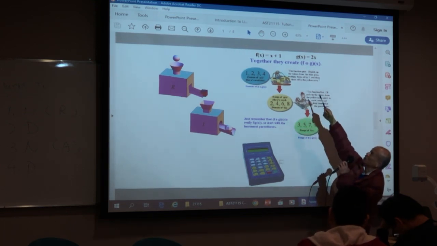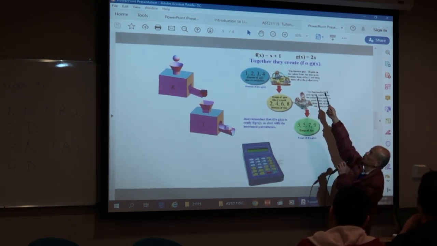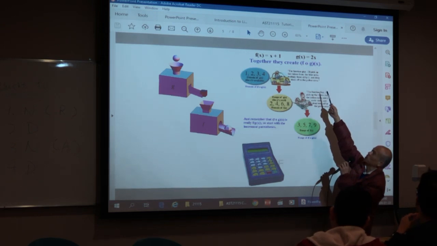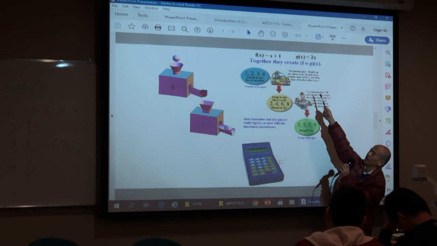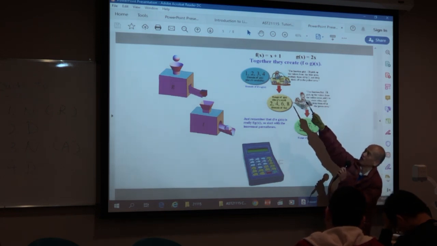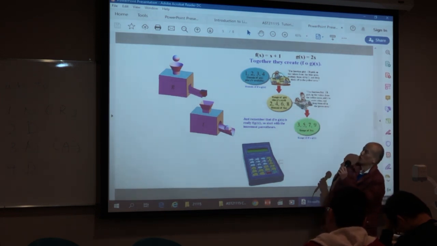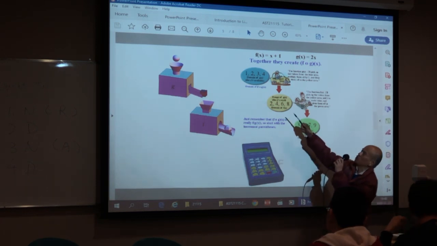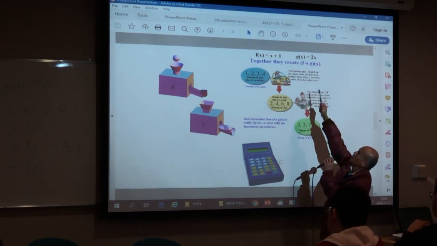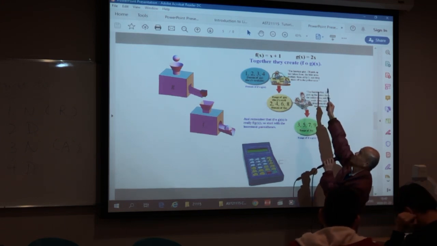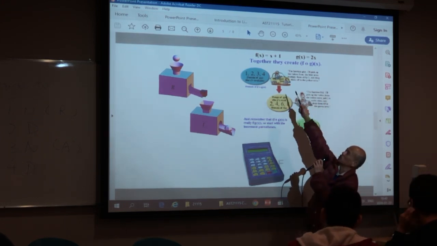Say you work out the g function first, which is 2 times x, and then put it into the f function. So if you put 1 into this composite function, 2 times 1 is 2. 2 is put into f.